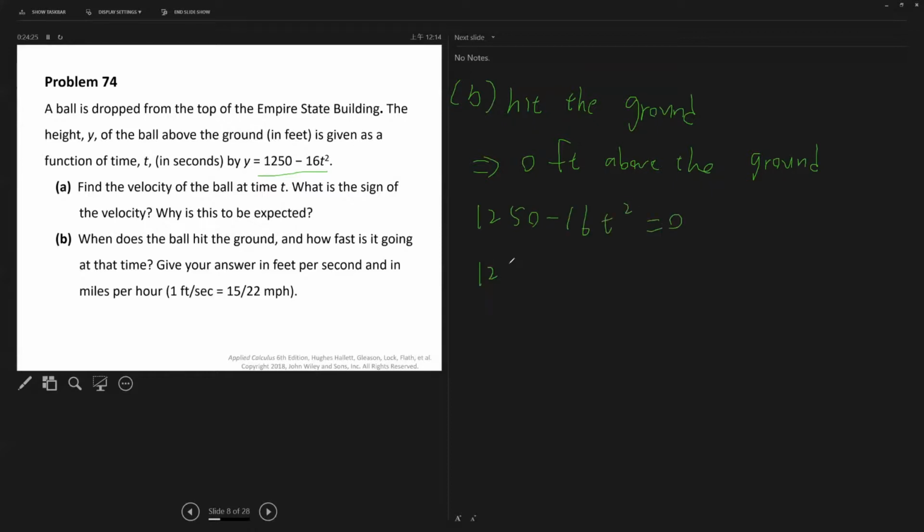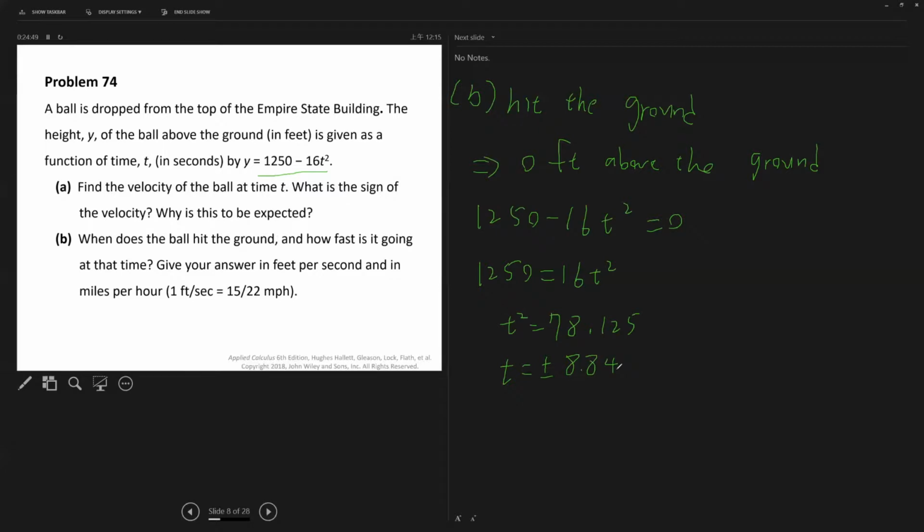That is 1250 equals 16t squared, and t squared is equal to 78.125. When you take the square root of that, you get plus or minus 8.84.